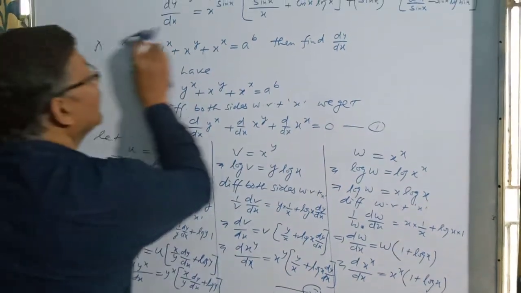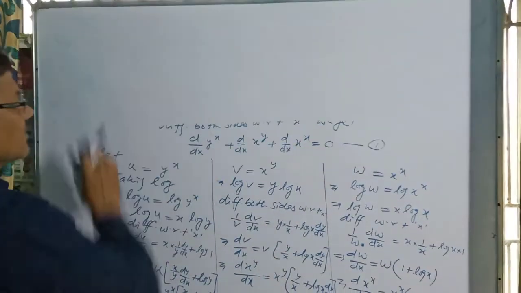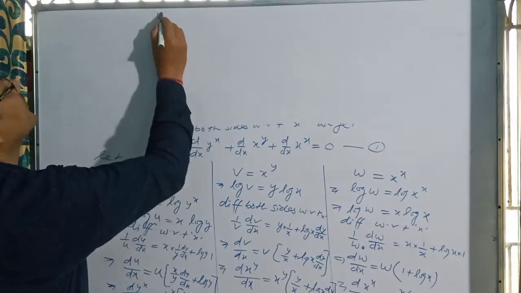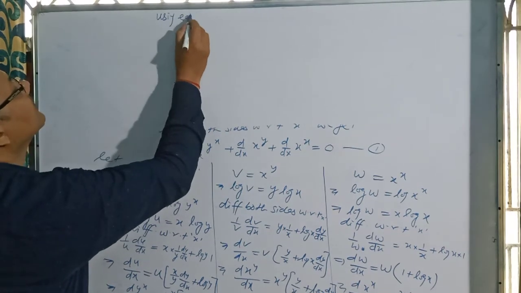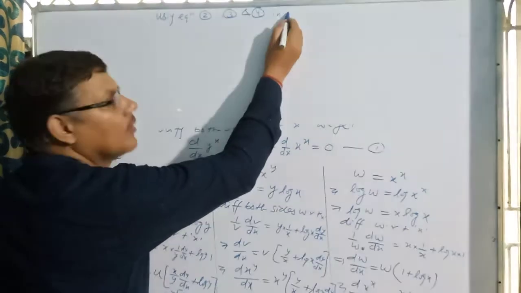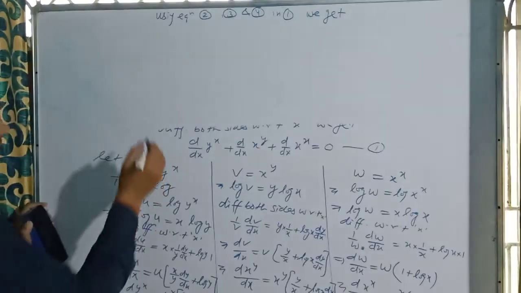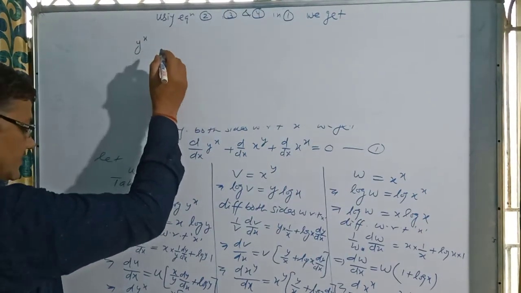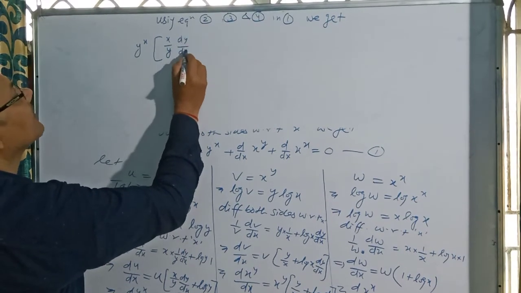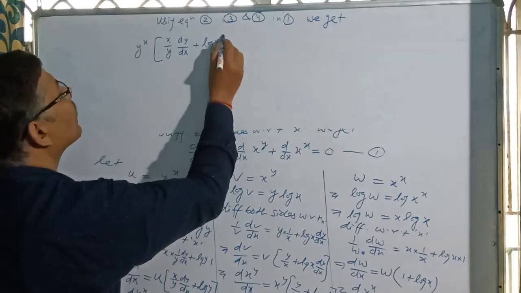Now, to get the value of dy by dx, we are required to use the values obtained in 2, 3, 4 in equation number 1. So using equations 2, 3 and 4 in 1, we get: first one is y power x into x by y dy by dx plus log y.